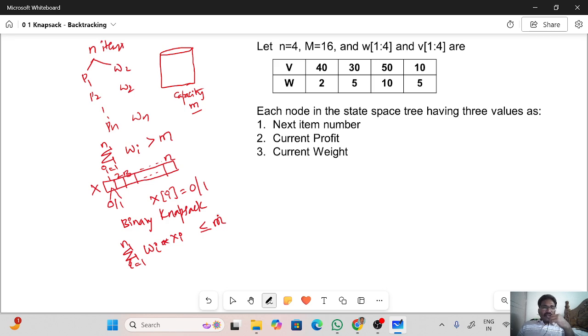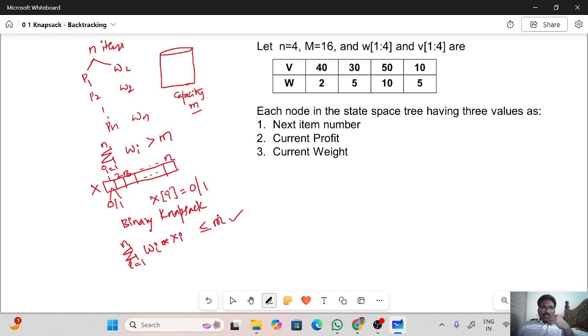The earlier condition was about the total weight of all items, but this one is for the items we place into the knapsack. That value we get by multiplying each item's weight with its corresponding solution vector value and adding them. So that's sigma i equal to 1 to n, wi into xi, and that value must be less than or equal to M.